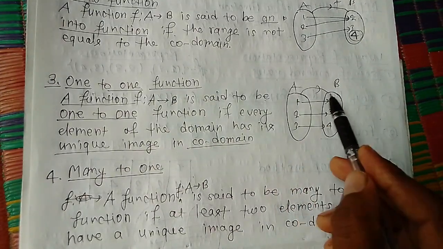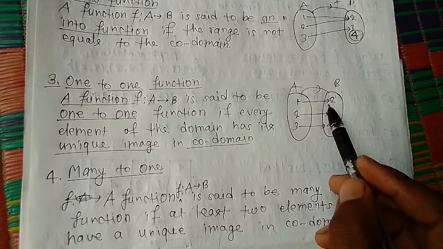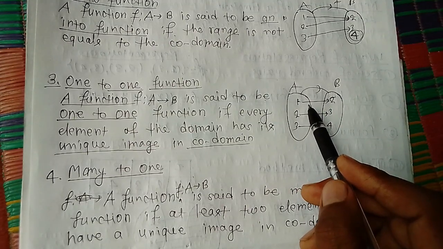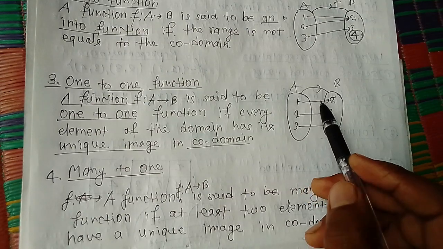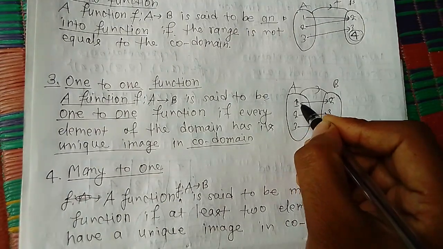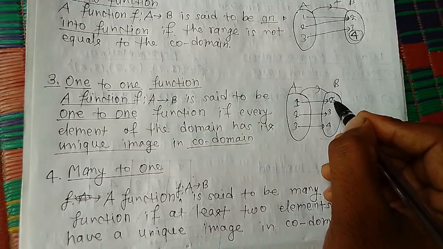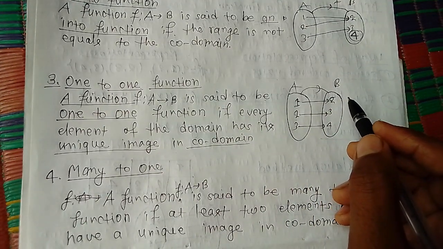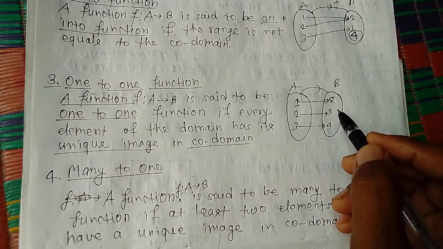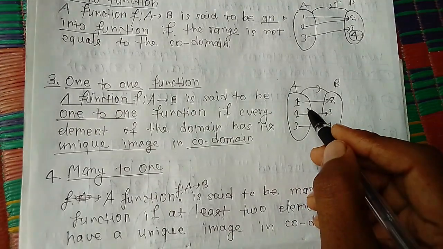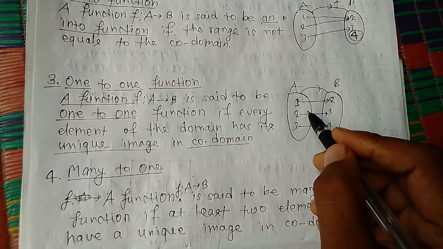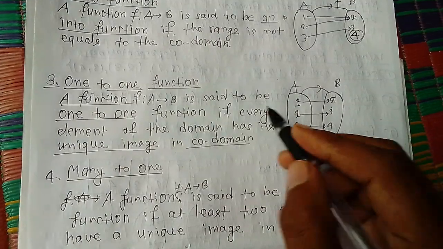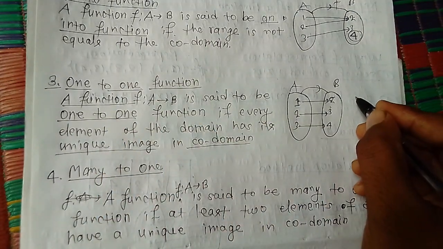Each element is separately mapped in set B. It means each element in set B has a separate image, and not two or more elements of the domain have the same image in set B. So it is a 1-to-1 function.